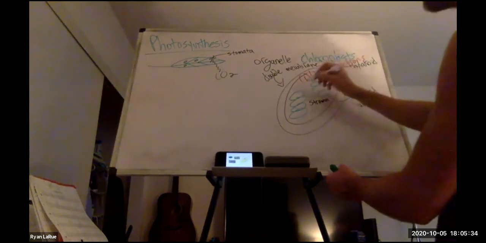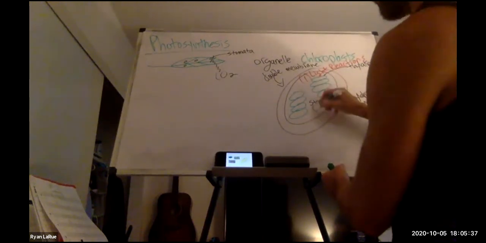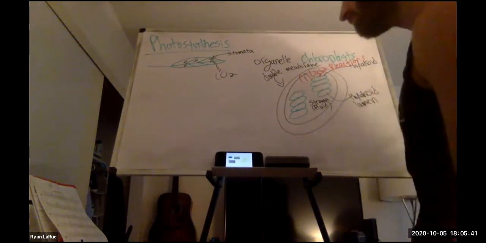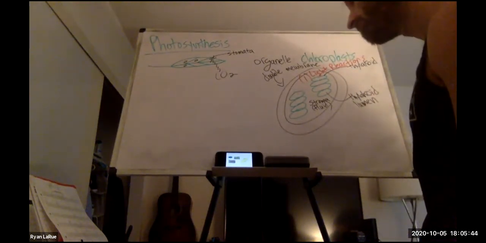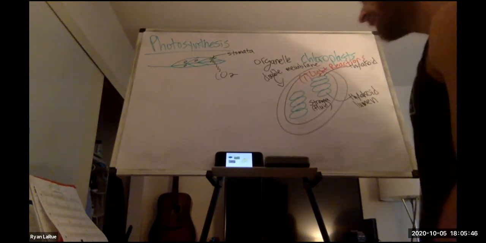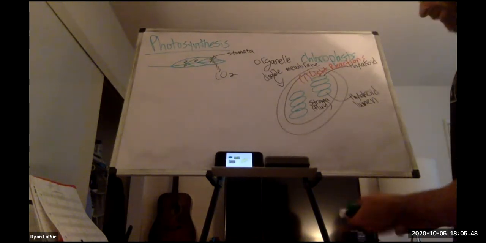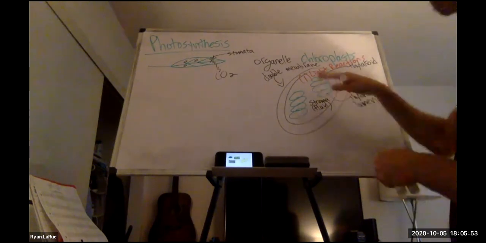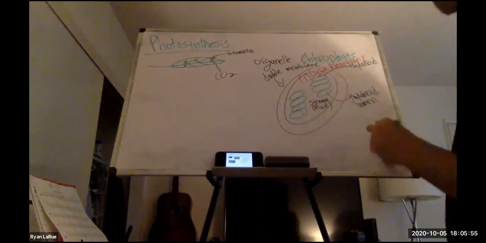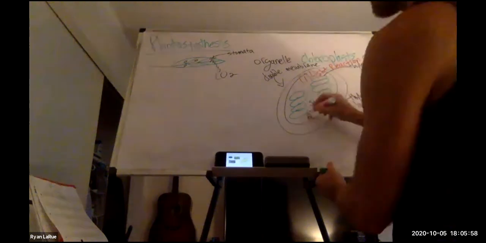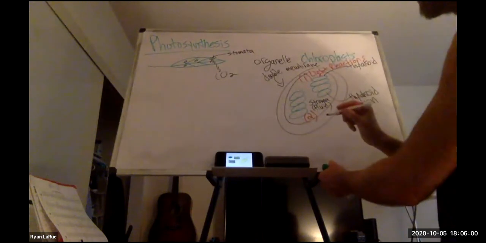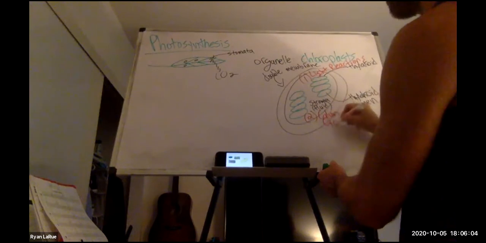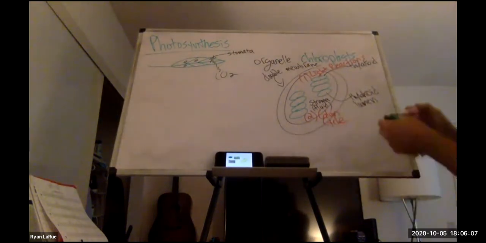This is the stroma, this fluid. And the stroma, the outside, is where the second and last stage of photosynthesis occurs, and it's called the Calvin cycle. So the Calvin cycle occurs in the stroma.